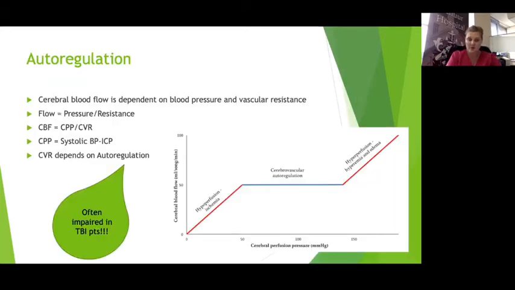Then obviously you can't talk about ICP monitoring in patients without saying something about autoregulation. So autoregulation, I think most of the guys listening to this talk is quite comfortable about what it is, but just to kind of recap it very quickly. Just to know that cerebral blood flow is dependent on the blood pressure and the vascular resistance, and the cerebral arteries can auto-regulate the cerebral blood flow within a range of systolic blood pressure, usually between 50 and 150, just as a ballpark.